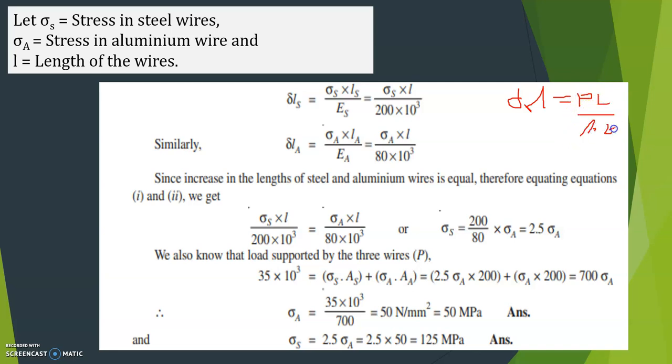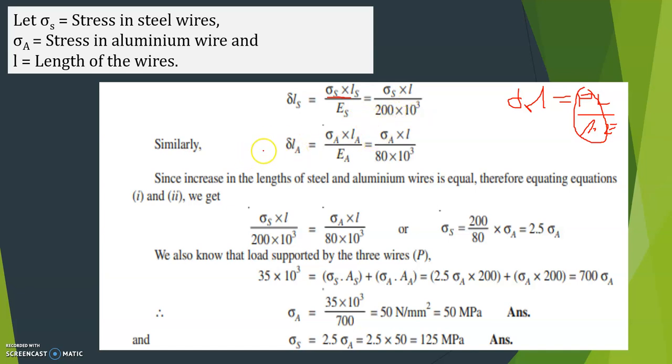This P divided by A is nothing but stress, so that's why here it is written as sigma S. Sigma S into L, that is LS, divided by ES here, is equal to sigma S into L. L we will take the same because the length of the steel and aluminium are all the same. So I'll just consider L divided by ES. Young's modulus for steel is 200 into 10 raised to 3.